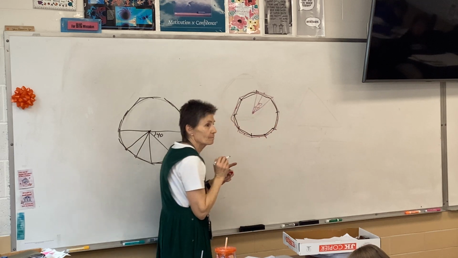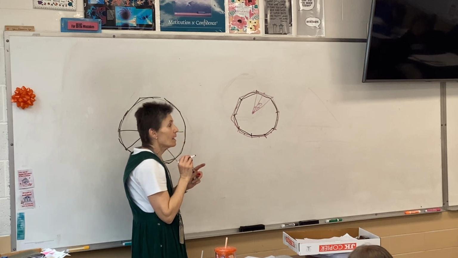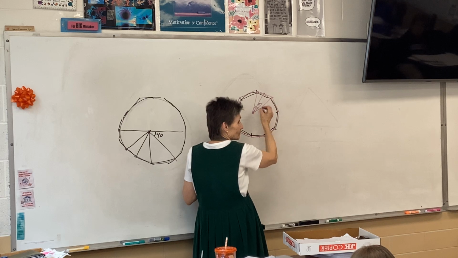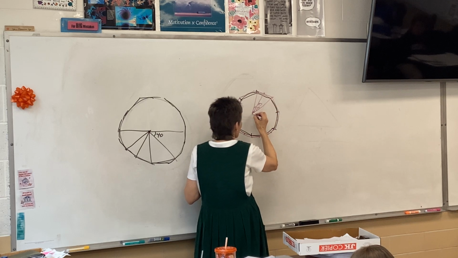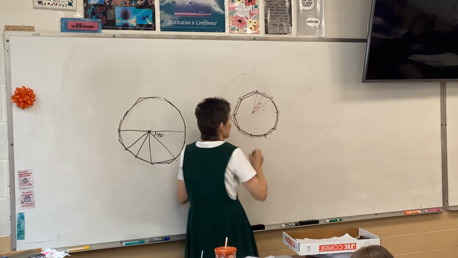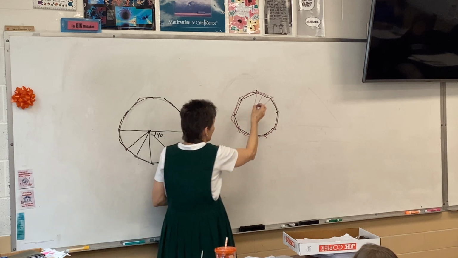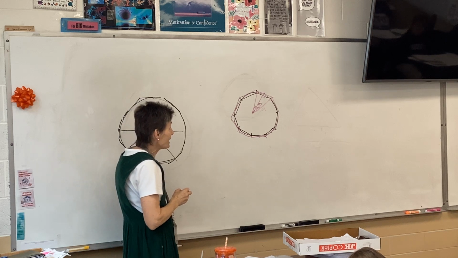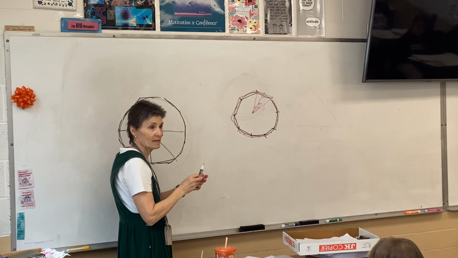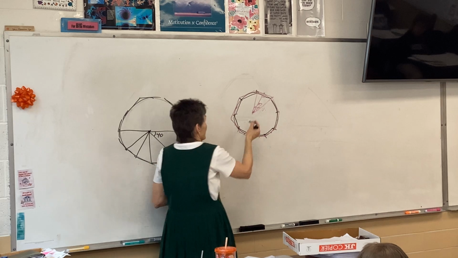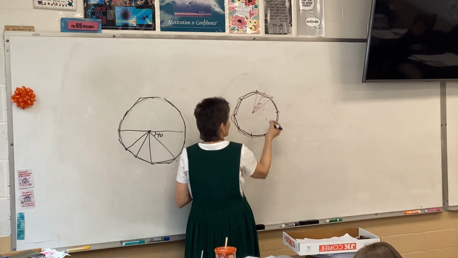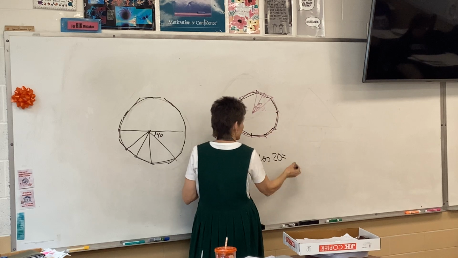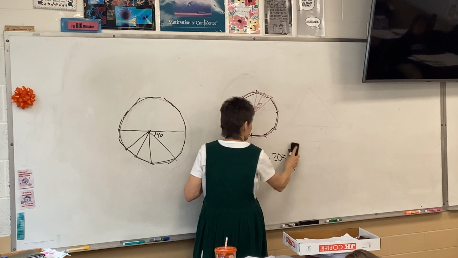I need to know how long this is. Okay? So that right there, how long is that? Well, this is a right triangle. So you could find that by saying something like what? Cosine 20 equals 10 over x.